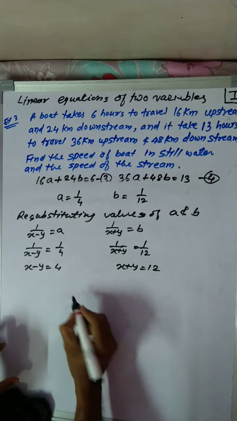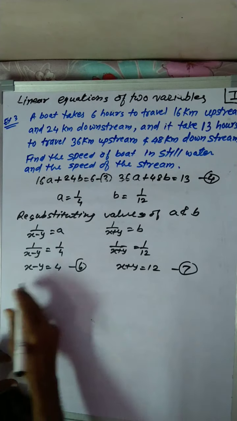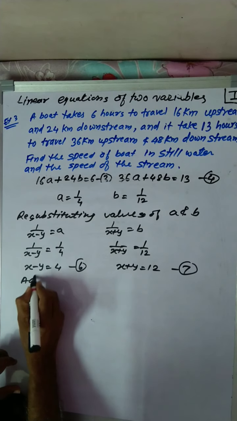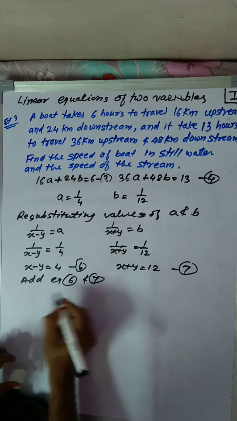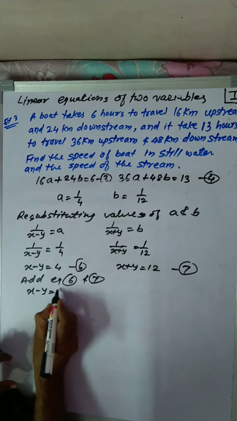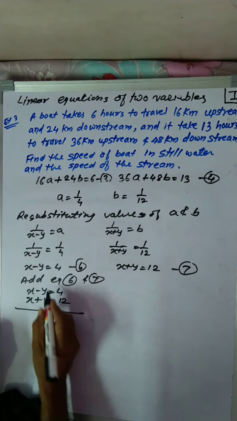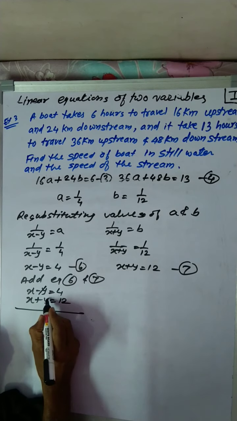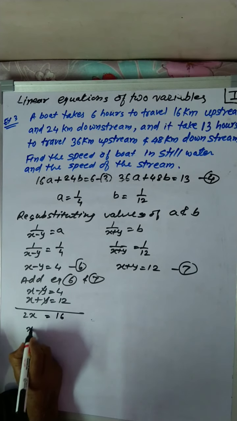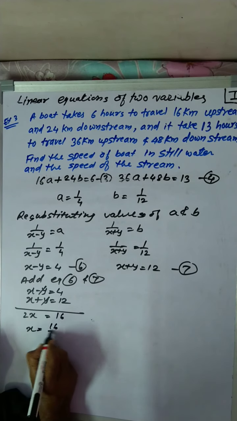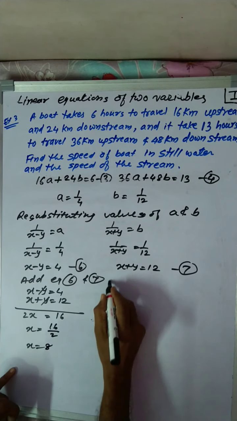Now we get two equations, equation number 6 and equation number 7. Now solve these equations by adding equation number 6 and 7. We get x minus y is equal to 4 and x plus y is equal to 12. Add these two, plus y and minus y cancel. 2x is equal to 16, hence x is equal to 16 upon 2, therefore x is equal to 8.